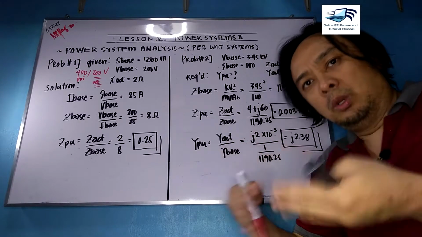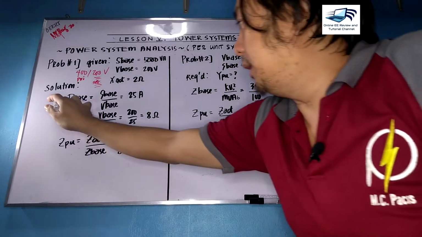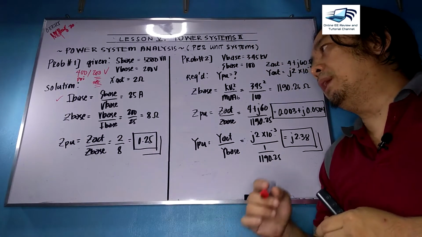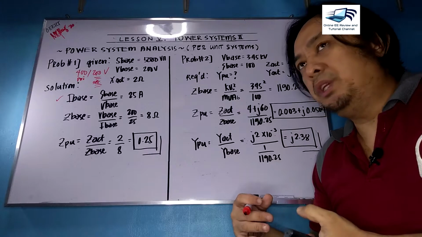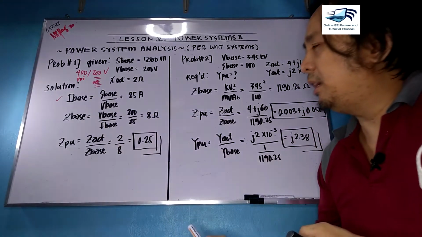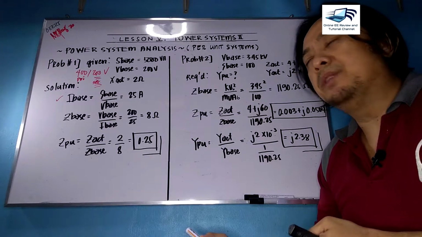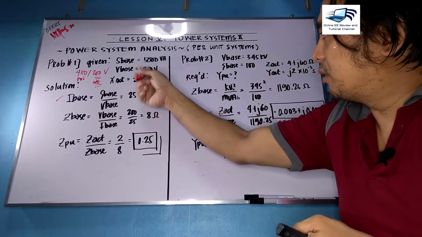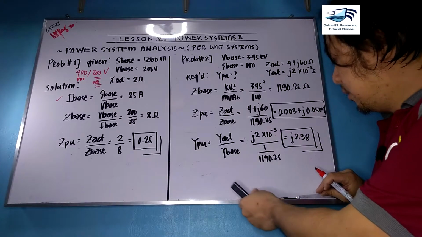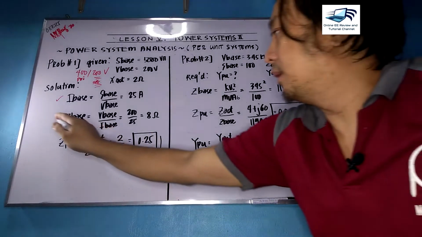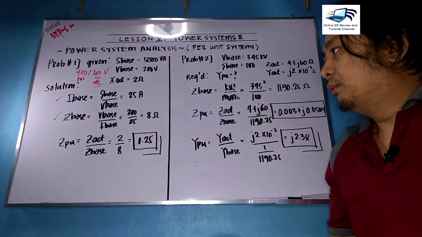So going back to circuits theory and all of the formulas that we have already considered from the past, but it will become base computation for now. I base is equal to S base over V base. By dividing 5,000 by 200, you have 25 amperes. Next you have Z base, as usual like Ohm's law, V base over I base.